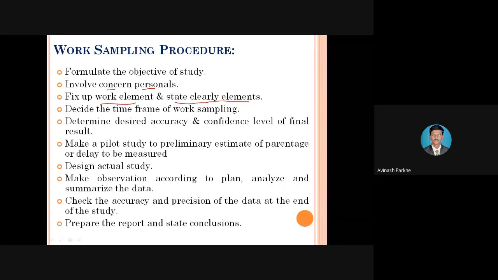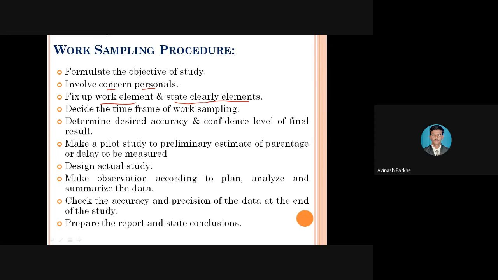So first of all we have to fix up the work element, which work we have to perform, and clearly state that these are the 5 activities I have to perform in this much amount of time. So the third step indicates: fix up the work elements and state clearly the elements, whatever the number of tasks we have to perform, that we have to decide. Step number 3.